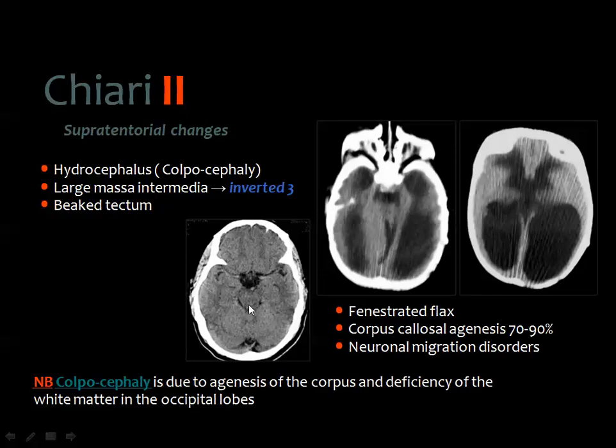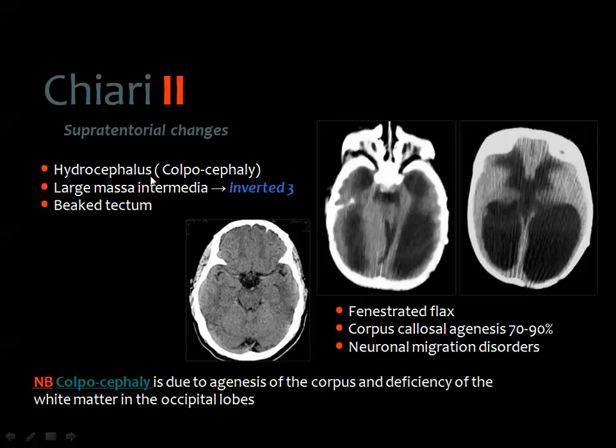Whenever the posterior fossa structures descend downward, this will pull the quadrigeminal cistern to have a beak-like configuration instead of a gentle curve like this one. Then beaking of the tectum is one of the manifestations.